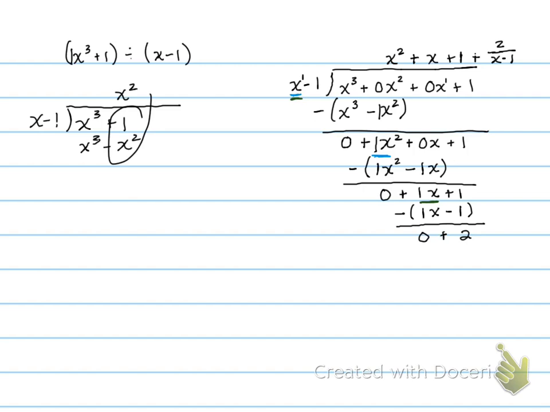What's wrong? How do you get a positive 1x when you're subtracting 1x from 0x? You're not subtracting 1x, you're subtracting negative 1x. 0 minus negative 1 is positive 1. See, there's a negative right here, and we're subtracting it. Oh.